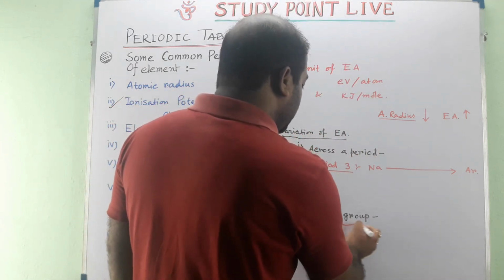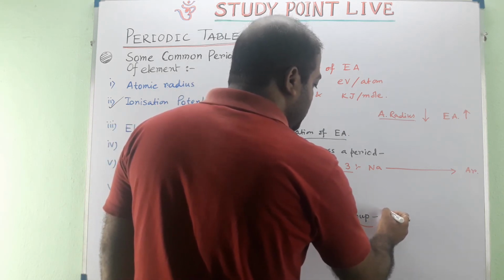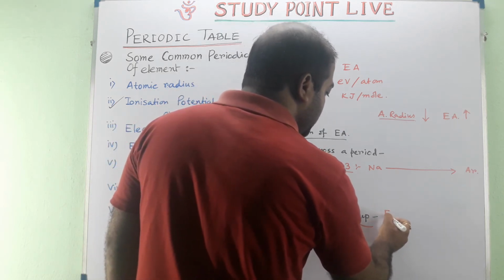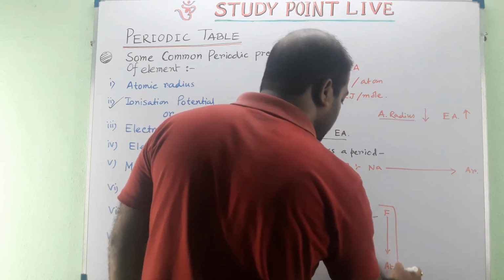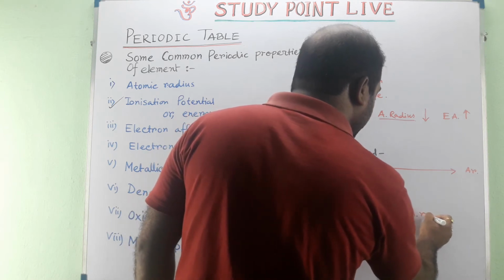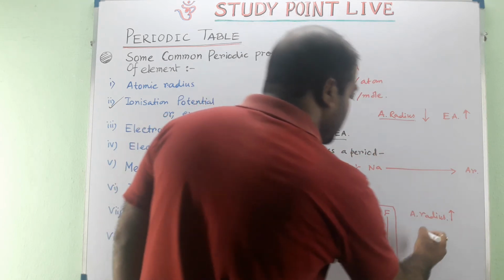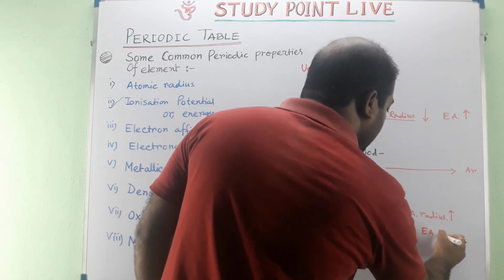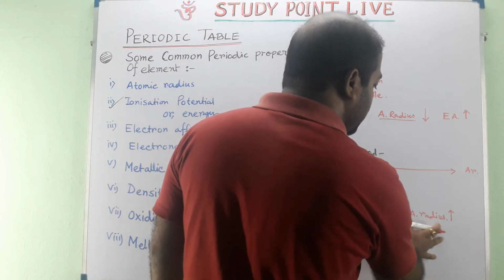and along the group, from fluorine to astatine, the atomic radius increases. That's why electron affinity of elements decreases.